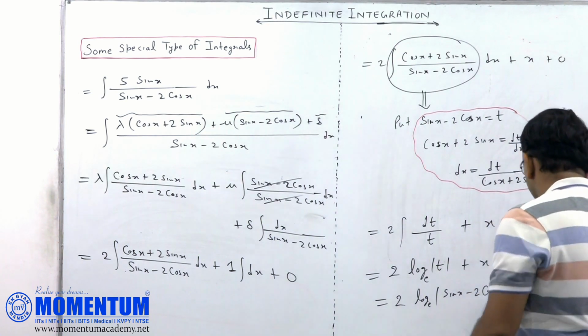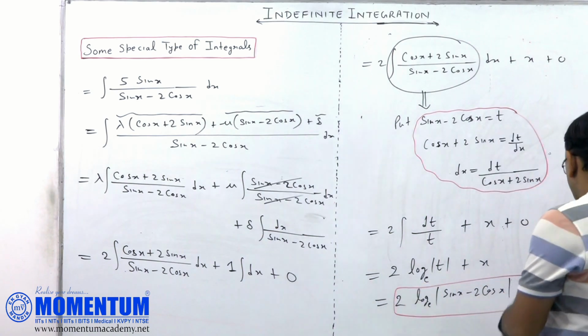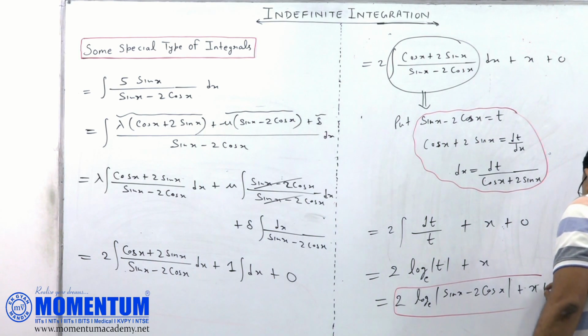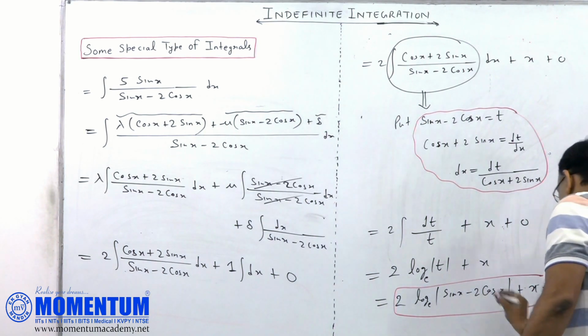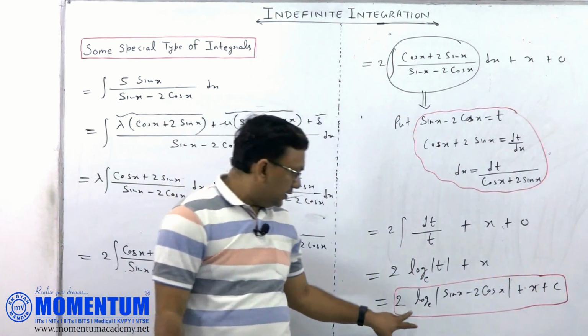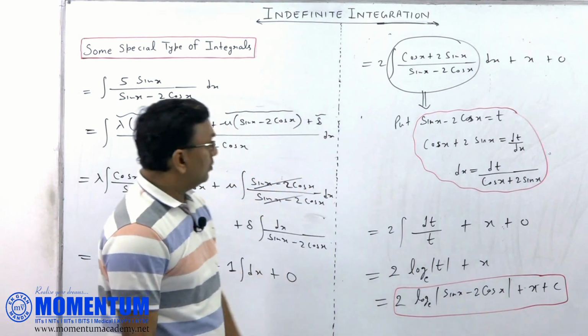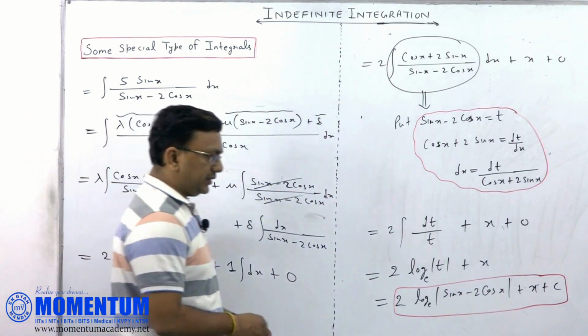So now our final answer is 2 times log of mod of sin x minus 2 cos x plus c.